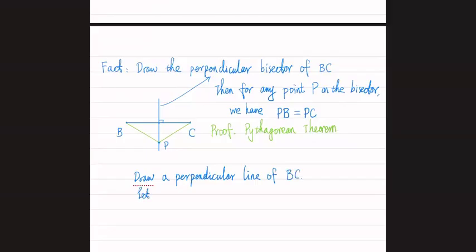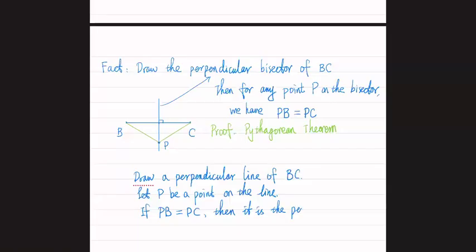Let P be a point. If PB equals PC, then P is on the perpendicular bisector.